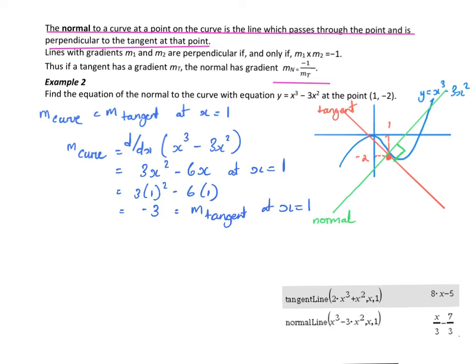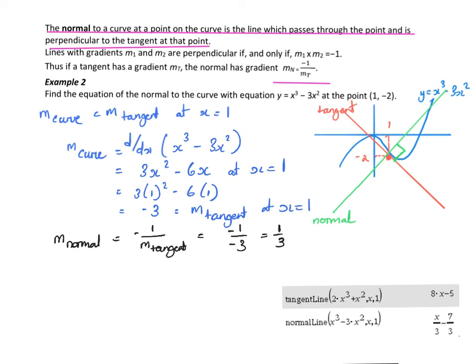But we wanted the gradient of the normal. So the gradient of the normal, we know, is equal to minus 1 over the gradient of the tangent. So if the gradient of the tangent is negative 3, we've got negative 1 over negative 3, which becomes a positive 1/3.